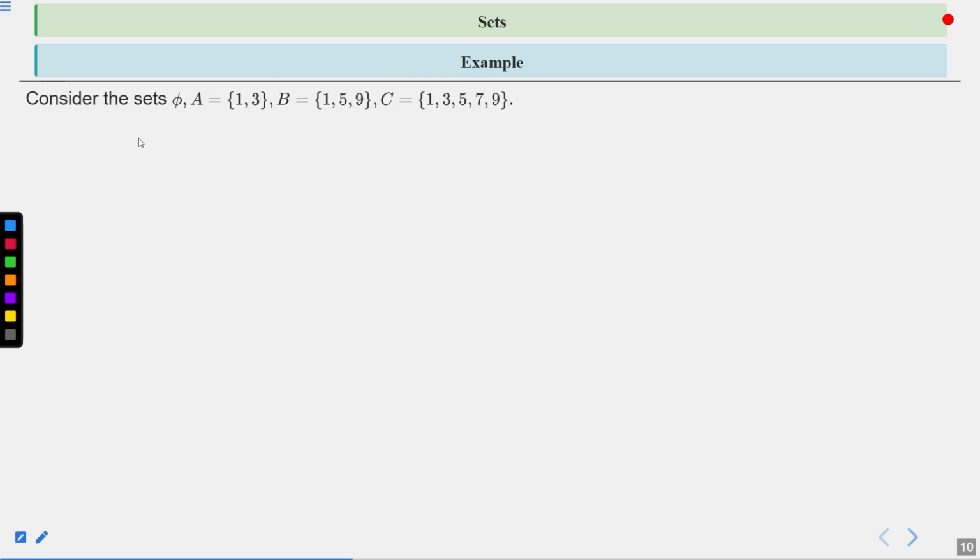Now, example. Consider the sets. We are considering 4 sets. First one is the empty set. Second is set A with 2 elements 1, 3. Set B is with 3 elements in roster form 1, 5, 9. Set C is in roster form with 5 elements 1, 3, 5, 7, 9.